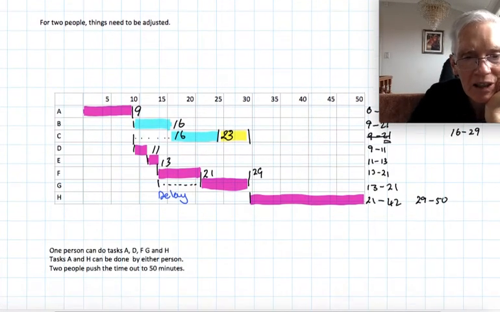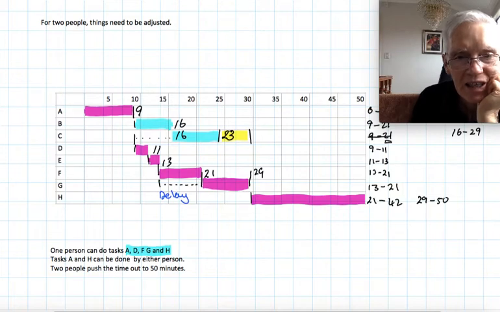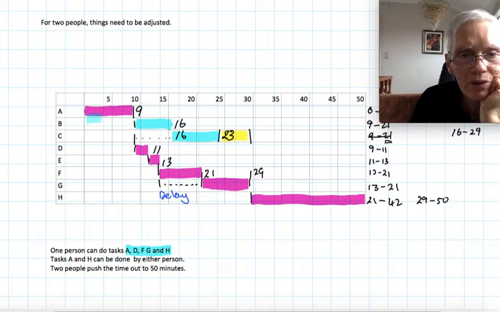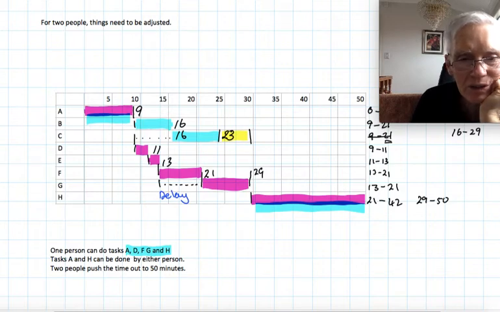So just to explain that, 1 person can do task A, D, F, G and H as shown in the crimson there. Task A and H can be done by either person. So you could have had the person in blue doing that, rather than the one in crimson there.